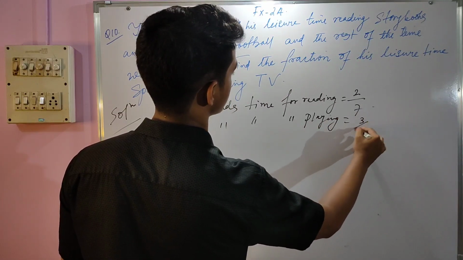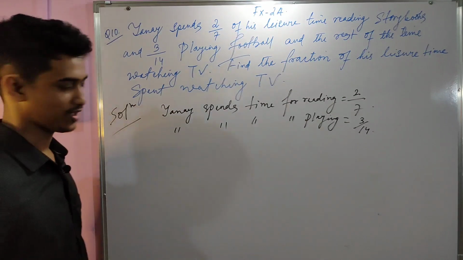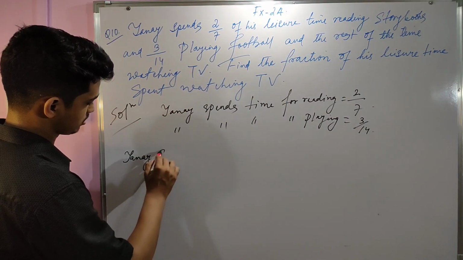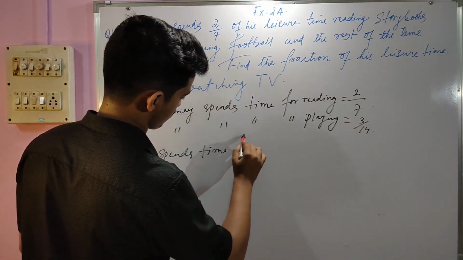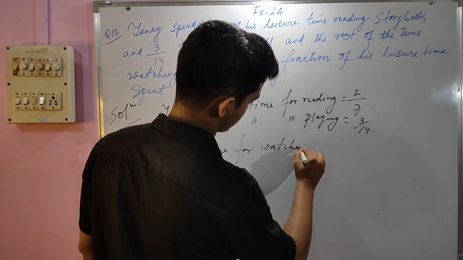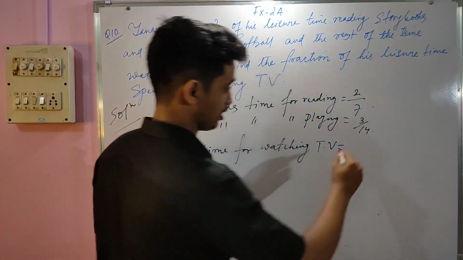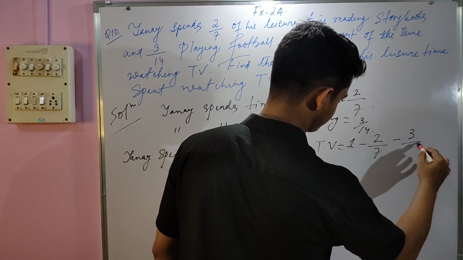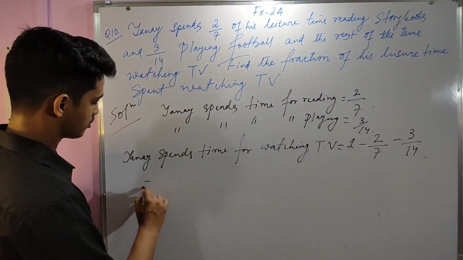That is 3 by 14, right? And for watching TV we have to find out. So Tanay spends time for watching TV equal to what? Equal to 1 minus 2 by 7 minus 3 by 14, right?